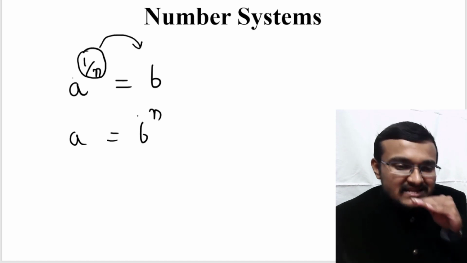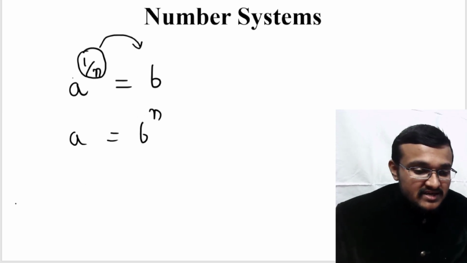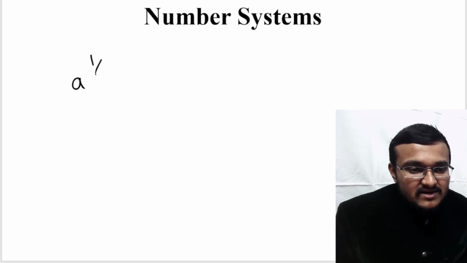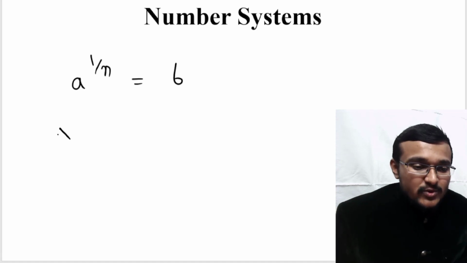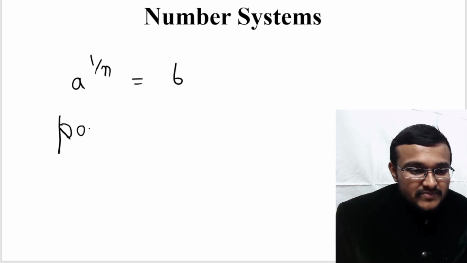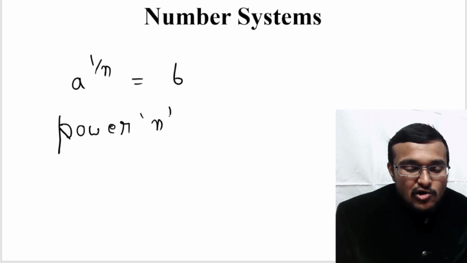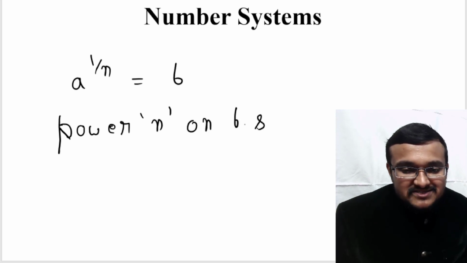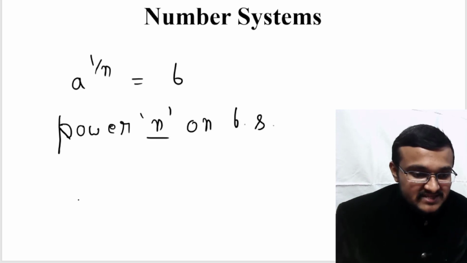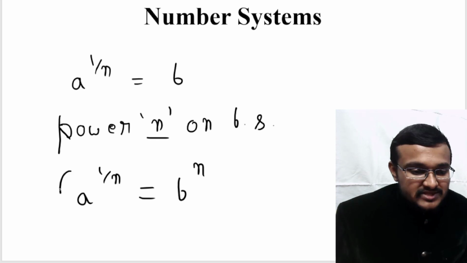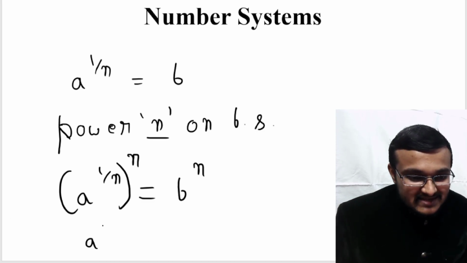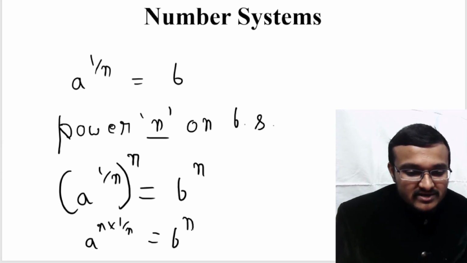Mathematically, if you want to understand this, here we have a power 1 by n is equal to b. Simply you can take power n on both sides. So a power 1 by n whole power n, b power n will be there. According to exponent laws, you can take this as n into 1 by n, which is equal to b power n.